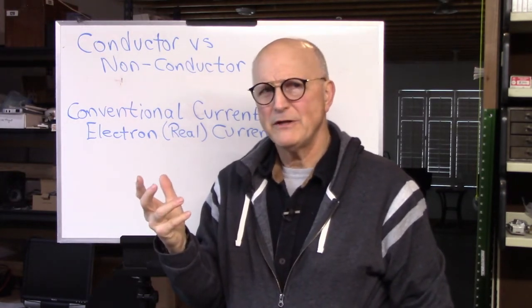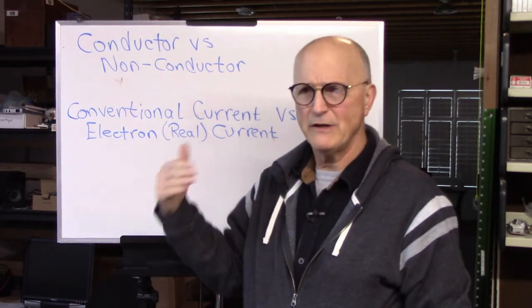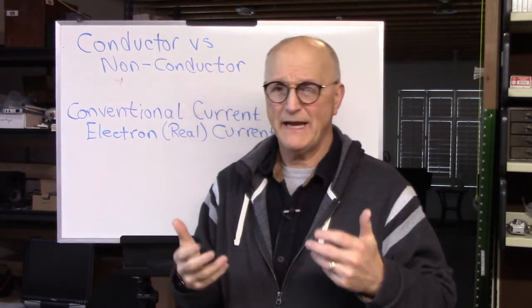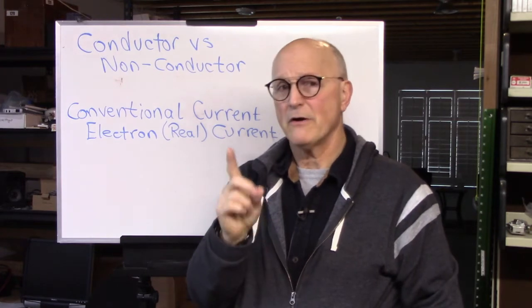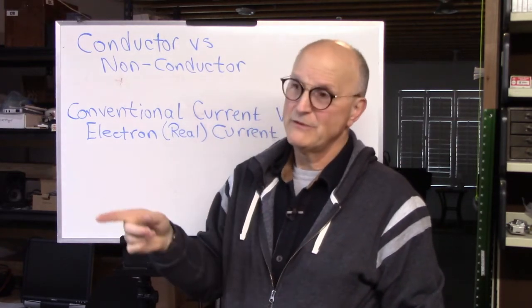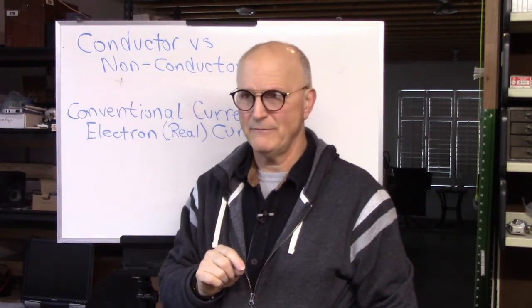But that's not really true, because real current is electron current. We already know that. It's the movement of electrons. They are the negative charged particles. And so real current is actually flowing from the negative terminal of the battery through the circuit and returning to the battery on the positive terminal.